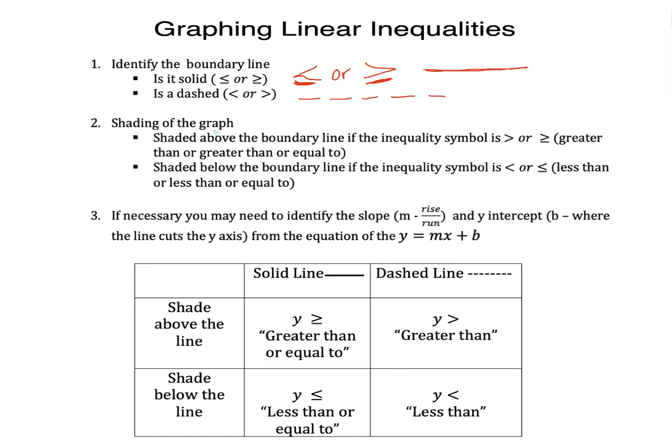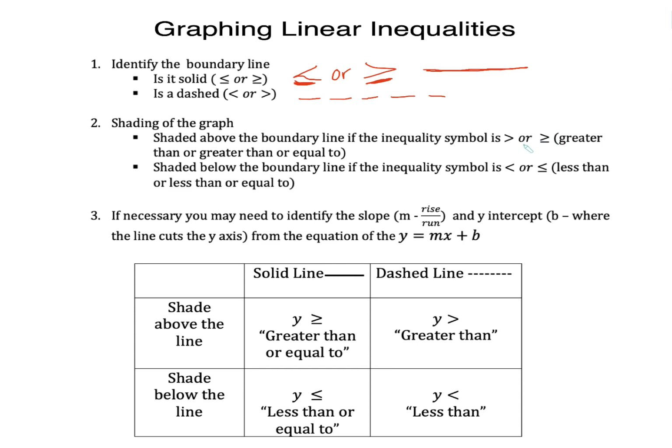Step number 2 looks at the shading of your graph. So you're going to look at where the shading is in comparison to your boundary line. So if the shading is above the boundary line, you're looking for the inequality symbols that are greater than or greater than or equals to. Always let the words help you.